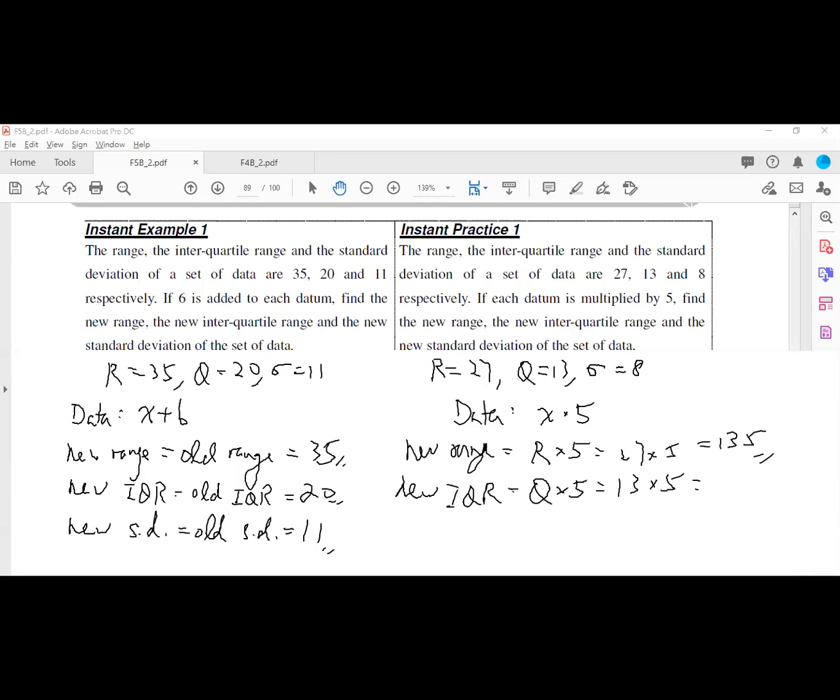That is 65. Okay, and then the new standard deviation is equal to the old standard deviation times 5. That is 8 times 5, which is 40. Okay, so that is the answer. Is that all right?